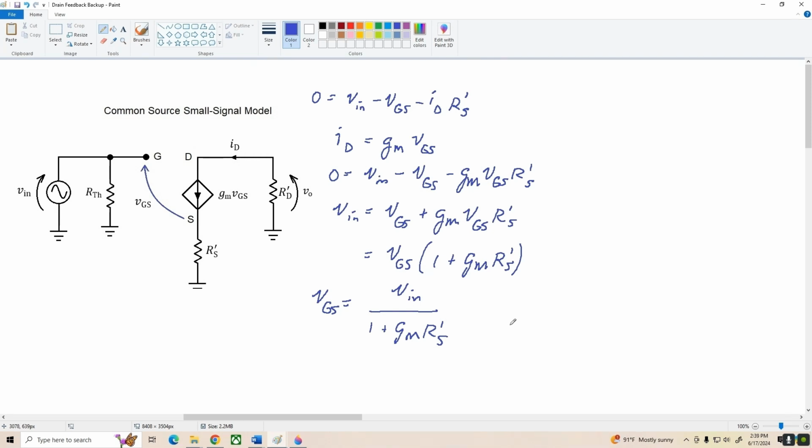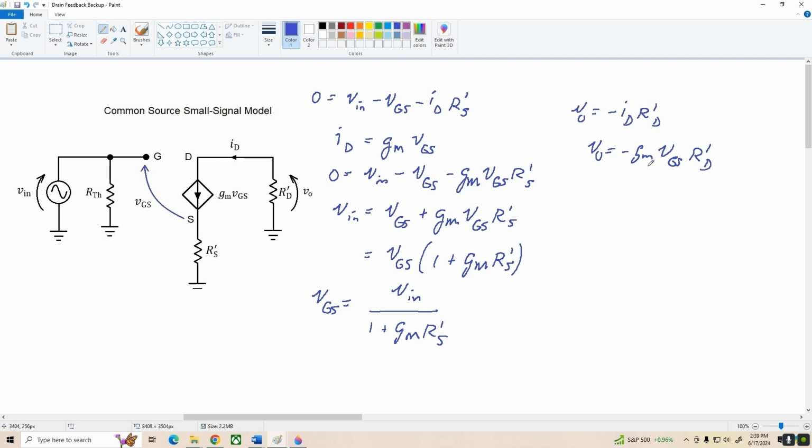Now the next thing I want to do is take a look at this right-hand side of the circuit, and Vout, we know, is given by negative ID times R'D. And what I want to do is define ID in terms of VGS and Vin from this equation over here. So we know ID equals gm times VGS, so Vout equals negative gm times VGS times R'D.